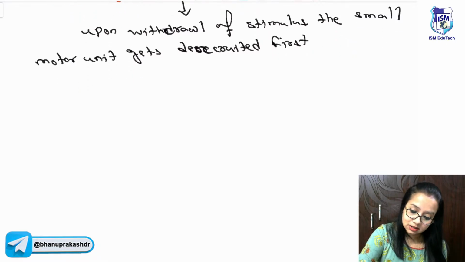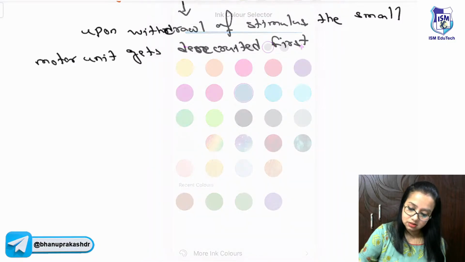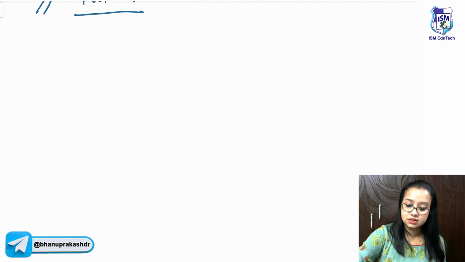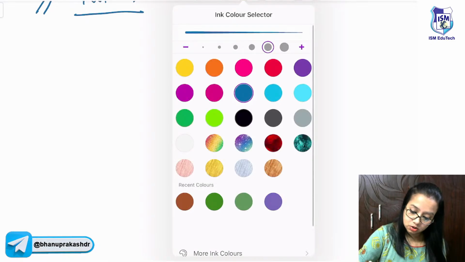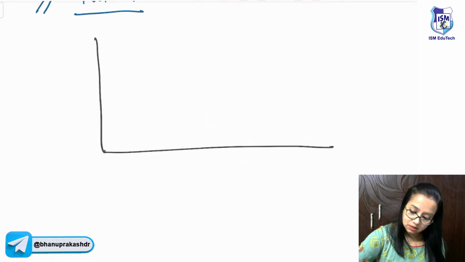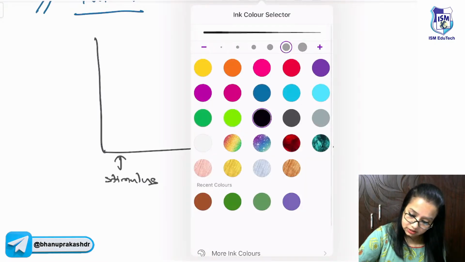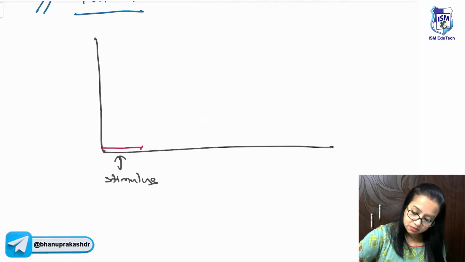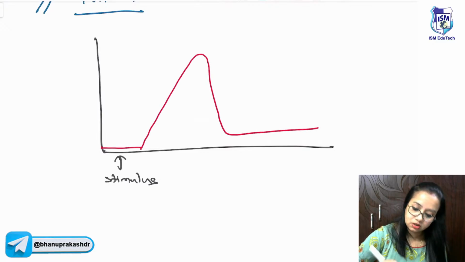Now another thing that is important in context to the motor fiber. Now I have mentioned about twitch. Now what is a typical twitch? So if I am drawing a twitch, upon a stimulus of threshold intensity, there would be a latent period, and then there would be a sharp rise followed by a quick fall.